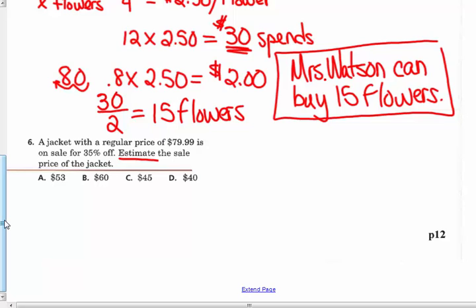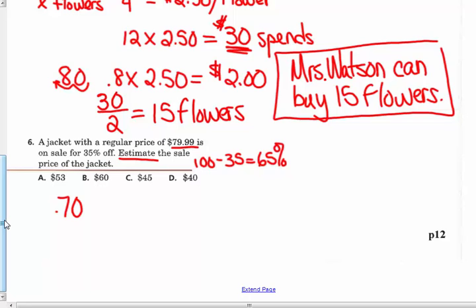Well, that means you're going to pay 65%. So estimating, I could say 100 minus 35 is 65%. I'm going to round that up to 70%, which would be 7/10 or 70 hundredths.